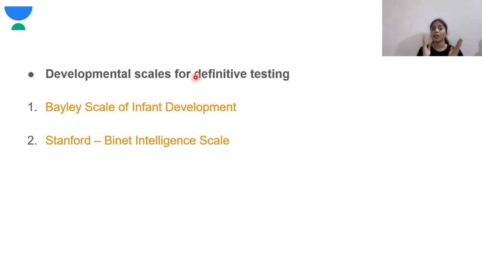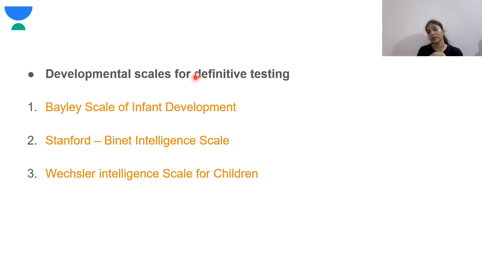So remember, this is mainly for the intelligence quotient. And next is the Wechsler intelligence scale for children. Here, along with the intelligence quotient, they also assess the other domains, that is gross motor, fine motor, language, and all the other domains. Okay.